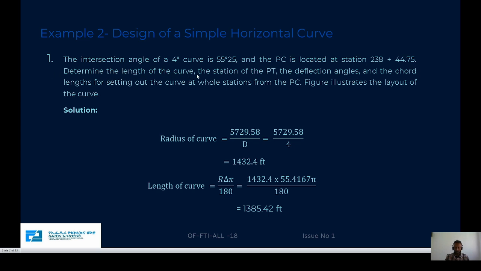Determine the length of the curve, the station at the point of tangent, and also the deflection angles, the whole lengths, for setting out the curve at whole stations. A whole station means the last part is 0 0. So the next whole station will be 239 plus 0 0.